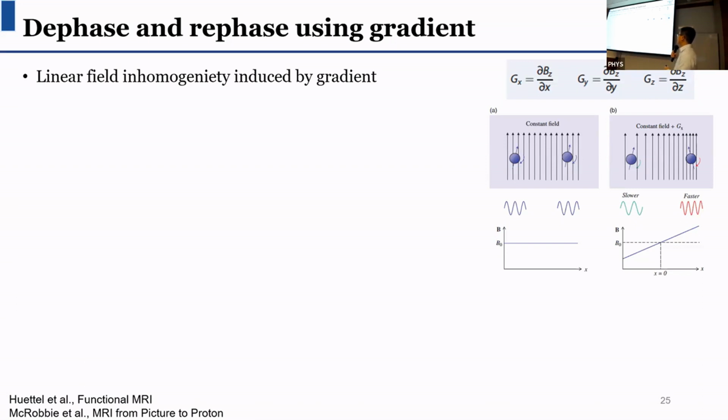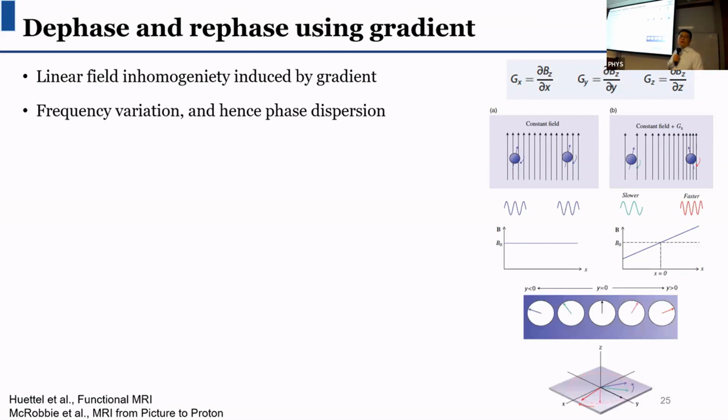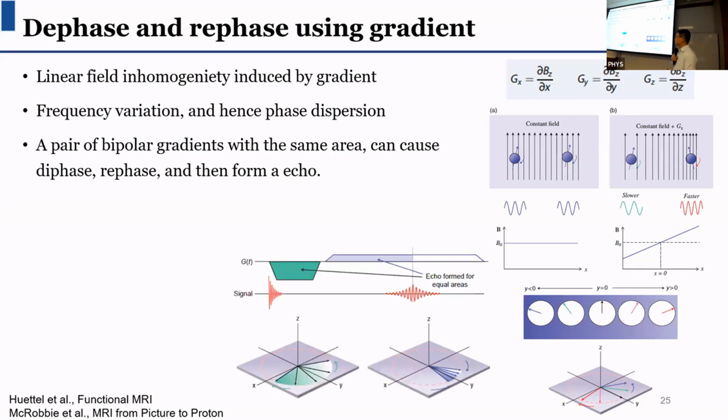From the left side it is much slower and then the right side is much faster. This frequency difference will give you a difference in phase, because phase equals frequency times time. And the larger the phase distribution, the smaller the signal you will get. This is how the gradient system works.